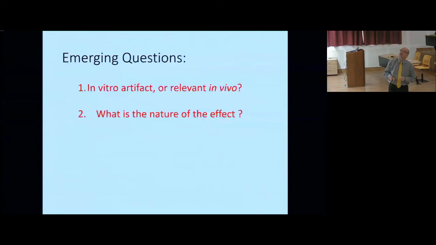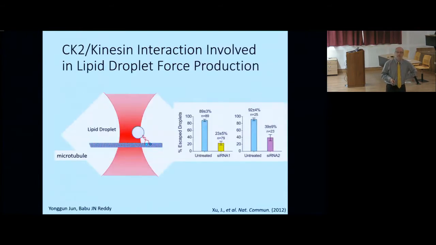And so you can ask basically, is this an in vitro artifact or is it relevant for in vivo? And you can also ask what is the nature of the effect. So what you can do is, you go to our friendly lipid droplet transport in the cell and you fix the strength of your optical trap and set it to be of moderate strength so that about 90% of your lipid droplets escape from the optical trap when you grab them.